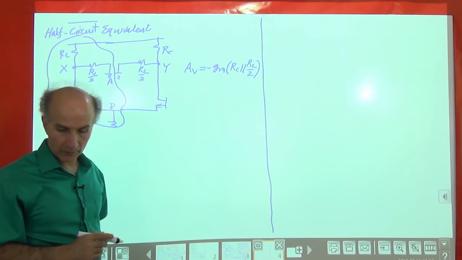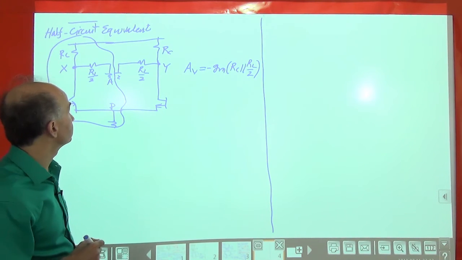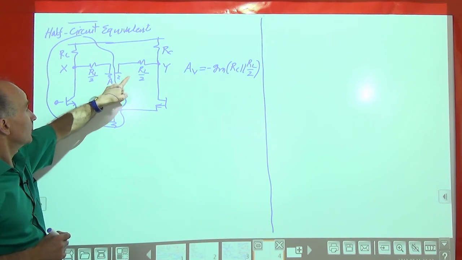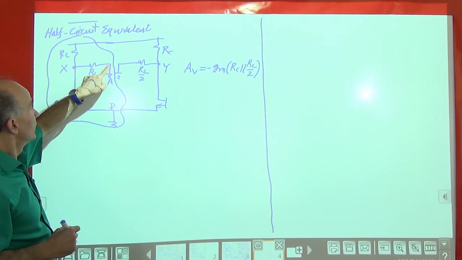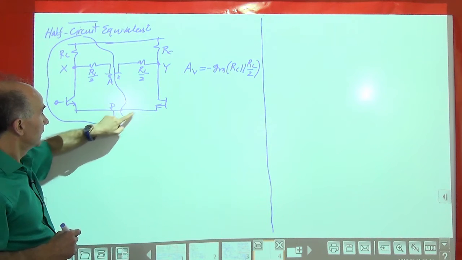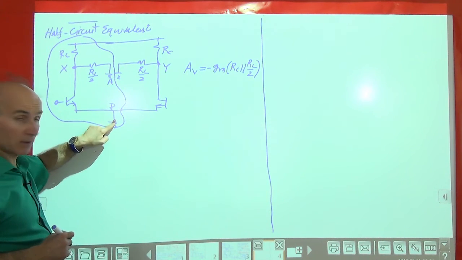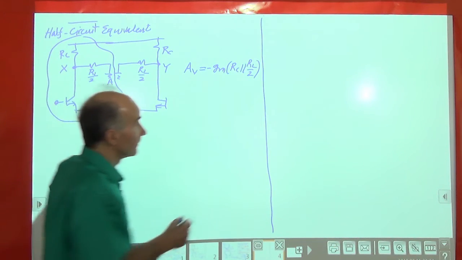Let's go over one more example. So you see what happened here, right? This is AC ground, this is AC ground. This emitter is AC ground, this emitter is AC ground. All right, okay.